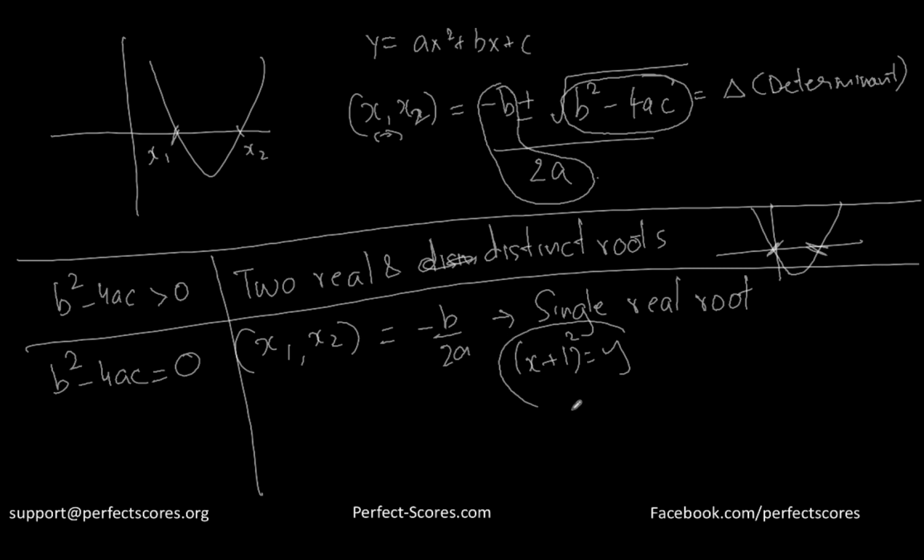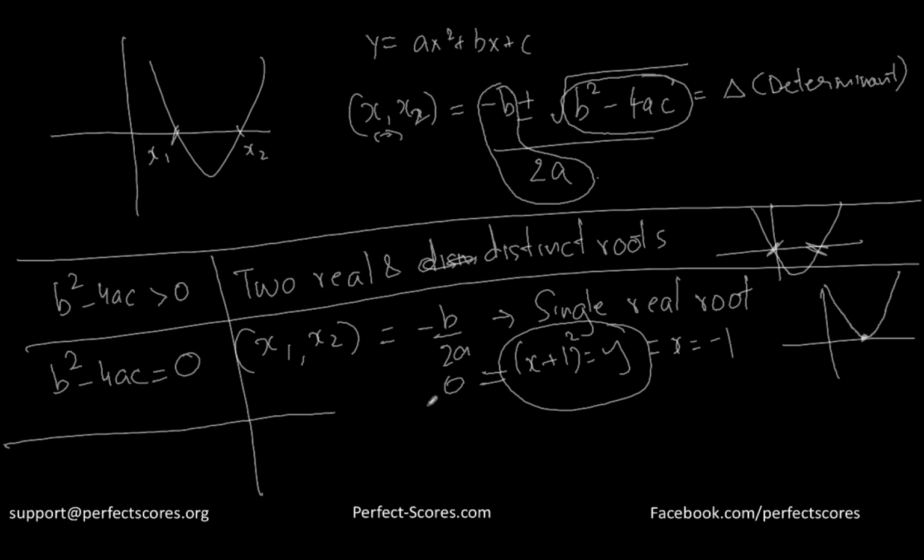The only root here is x equals minus 1, the only value of x where y will be 0. So your graph is just going to kiss the x-axis like this. It's not going to cut it, it's just going to kiss it, right here.